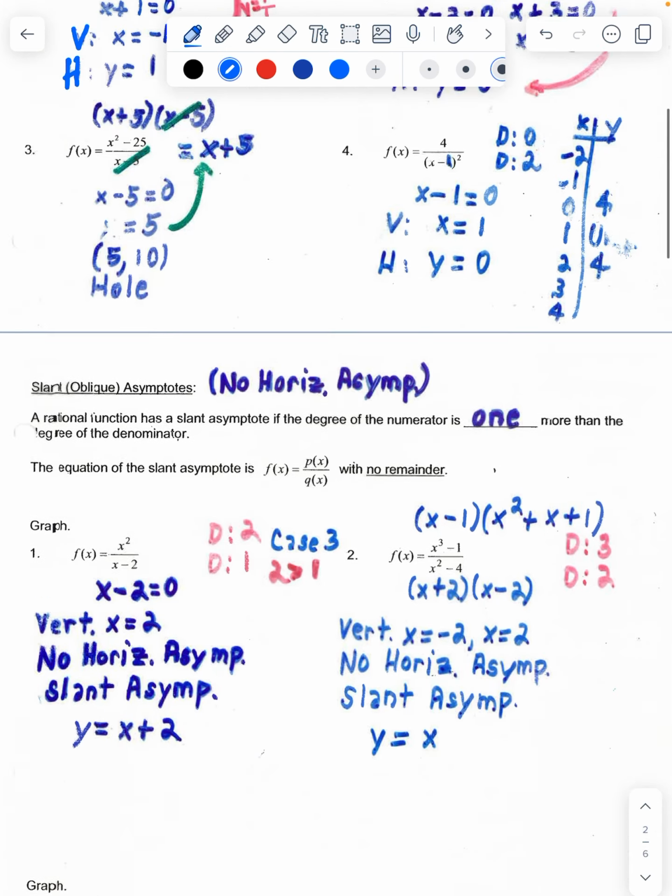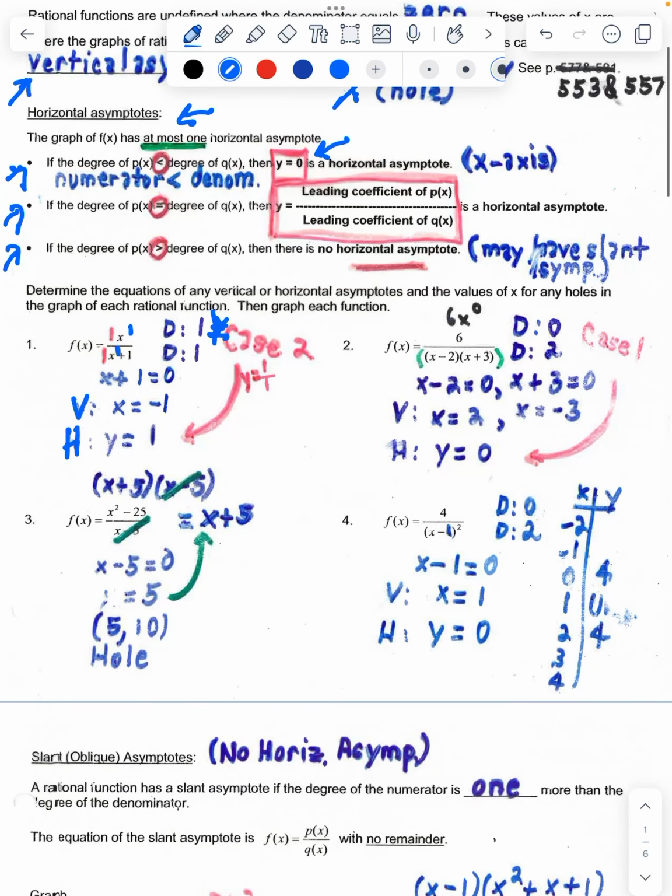All right, let's go back up to number 2. In number 2, the factors in the denominator, when set equal to 0, give you x equals 2 and x equals negative 3. Neither of which cancels in the numerator, so they both occur as vertical asymptotes, as you can see. And then the degree of the numerator, when you have a constant term, is 0.